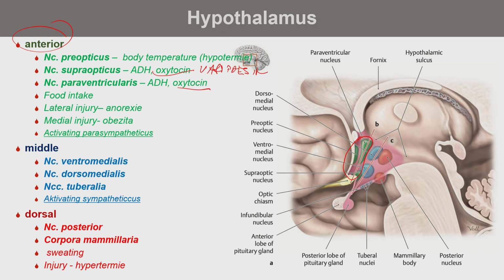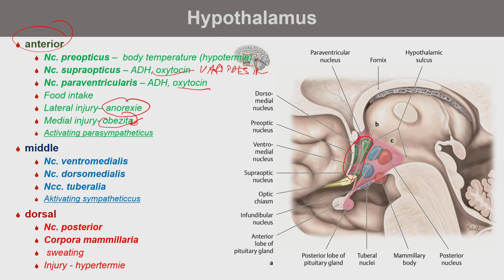Those nuclei have an important function for the regulation of food intake, and also with injury of the medial part, so typically supraoptic, patients could have obesity. And with injury of the lateral part, so paraventricular, those patients have anorexia.